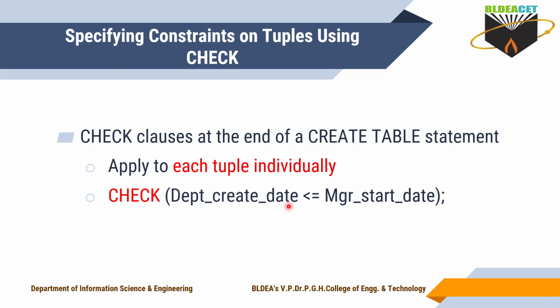For example, if I create the department today, then the manager start date must be today or a later date, not an earlier date. If I create the department today and specify an earlier manager start date, it is not correct. So if you want to check that condition while inserting the tuples, you can go for this CHECK clause, which is related to the condition you give while specifying the tuples. These are some of the types of specifying constraints in SQL. Is it clear now? Okay. Thank you.